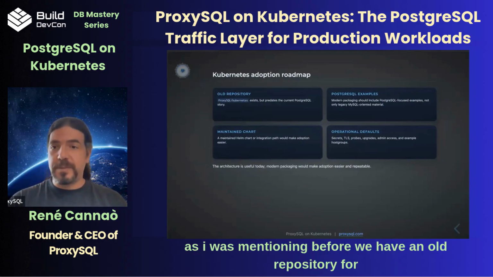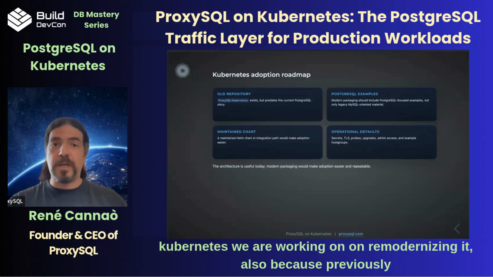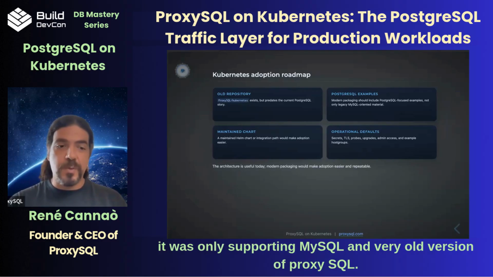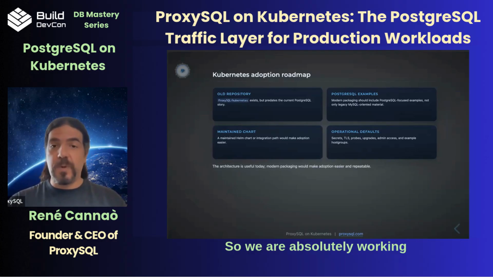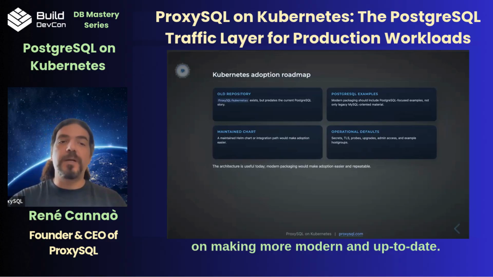From our end, as I was mentioning before, we have an old repository for Kubernetes. We are working on remodernizing it, also because previously it was only supporting MySQL and a very old version of ProxySQL. So we are absolutely working on making it more modern and up to date.